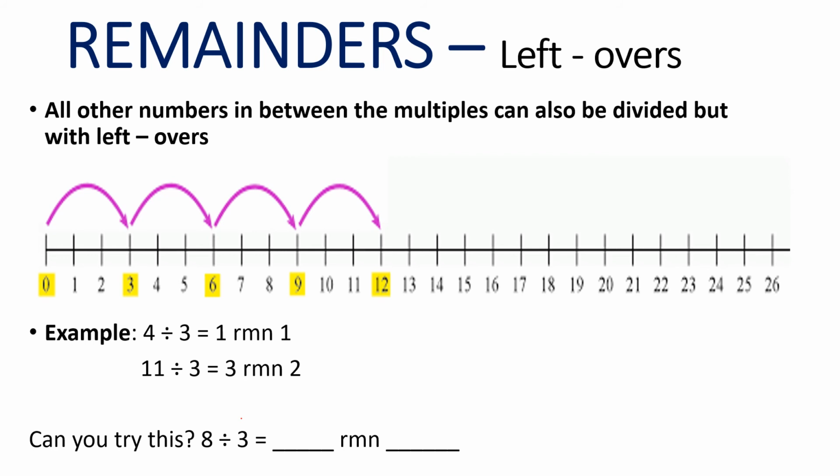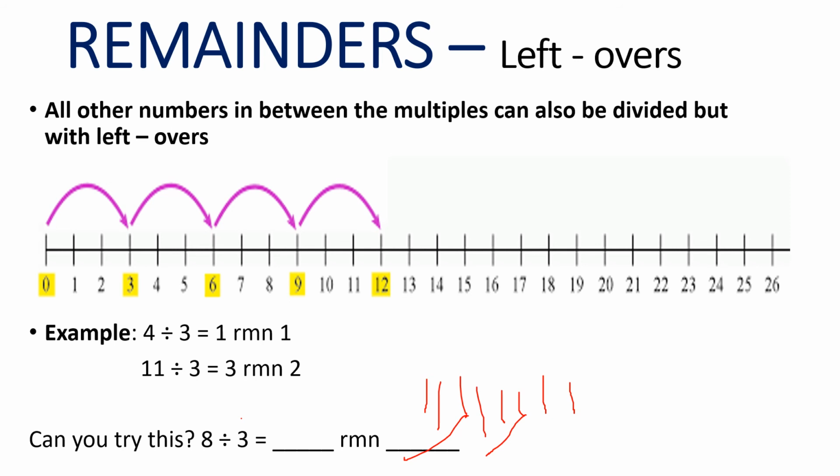Who got that correctly? Let's count the 8. 1, 2, 3, 4, 5, 6, 7, 8. Now let's make groups of 3. 1, 2, 3. 1, 2, 3. 1, 2.